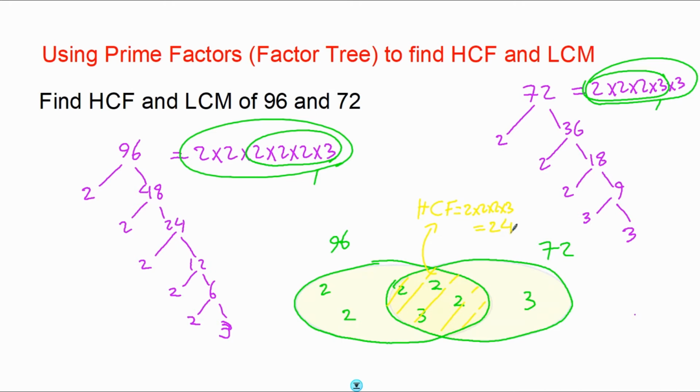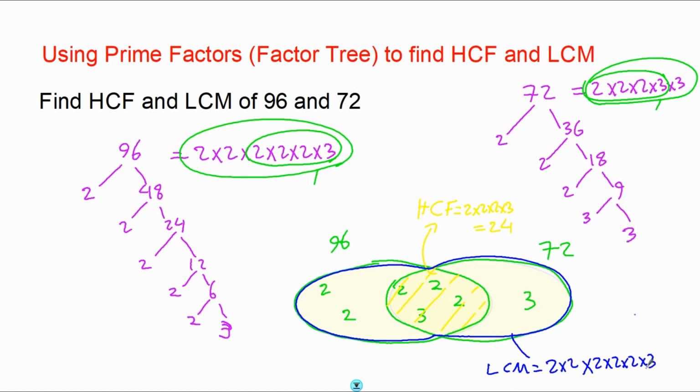So we need to multiply the numbers that are in the shared area for the highest common factor. Now, the lowest common multiple is everything. Anything that you see in here, the whole thing we need to multiply to find the lowest common multiple. So the lowest common multiple is equal to 2 times 2, which is coming from the left hand side, including the shared area, which is 2 times 2 times 2 times 3.